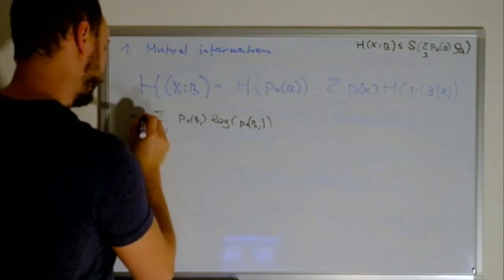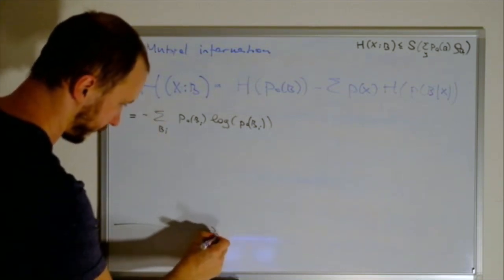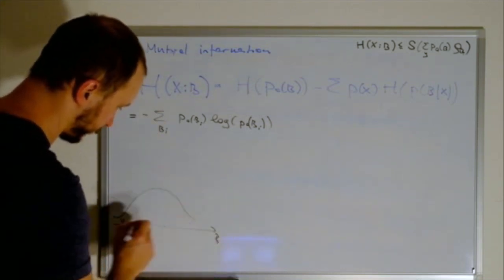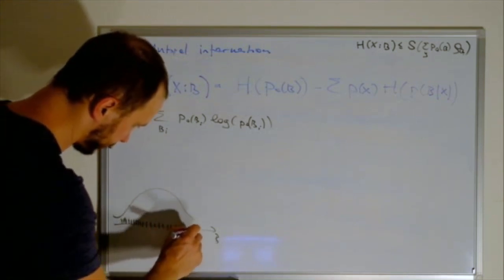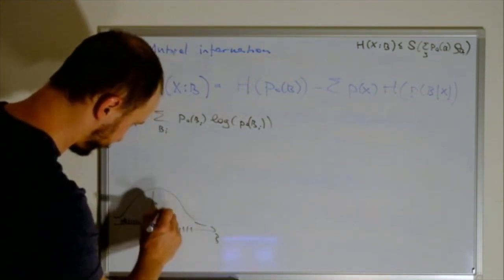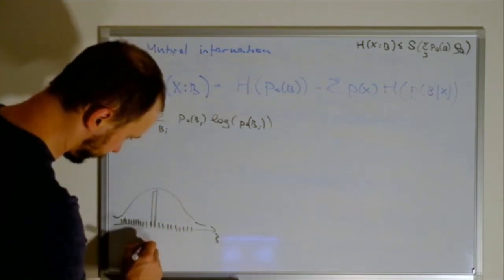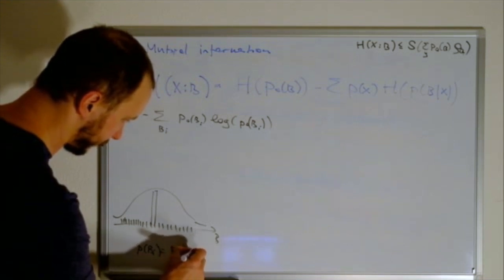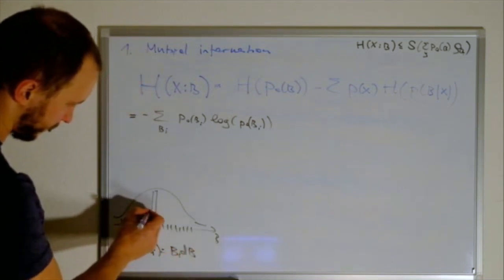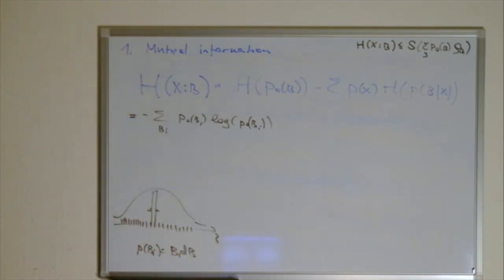What we did here is basically take our range of B and divide it, so we have some prior distribution here, and we divide it in small intervals like this. And then the probability of Bi is equal to P0 at value i times dB, right? So times how big the interval is.